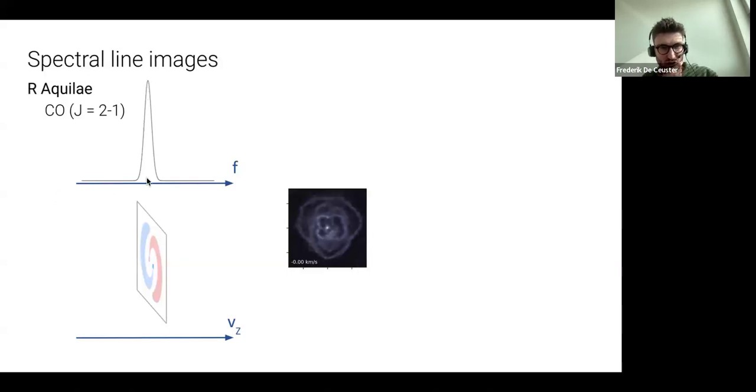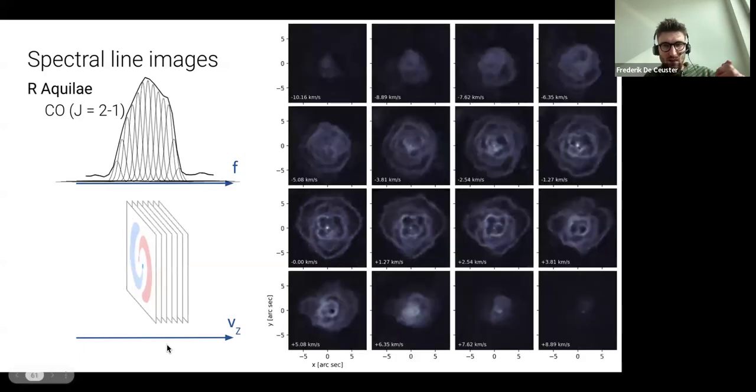As such, each frequency corresponds to a certain velocity channel. So we can look at different frequencies, and the images that we take at different frequencies give us an idea of the material that is moving at different velocities along the line of sight.